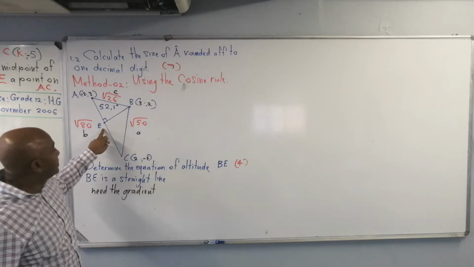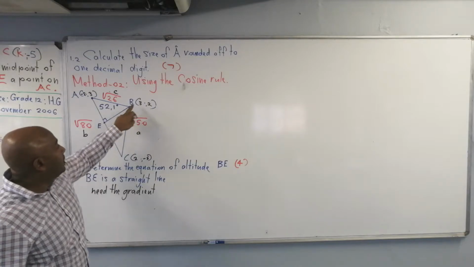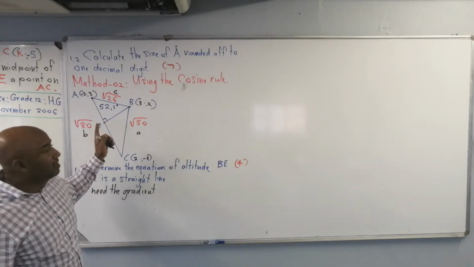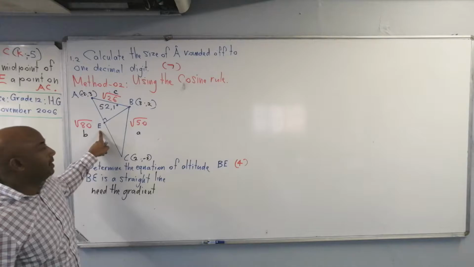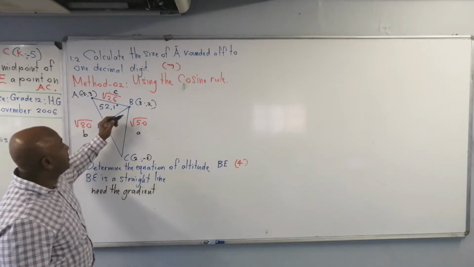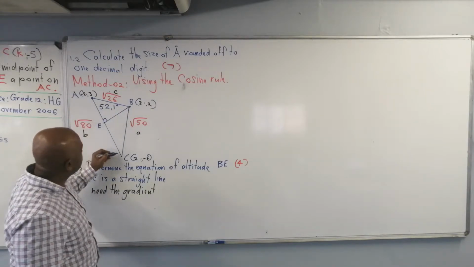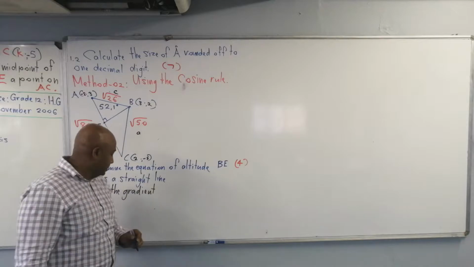Do we have 2 points? y2 minus y1, x2 minus x1. The problem is we do not know the coordinates of E. But we know that BE is perpendicular to AC.